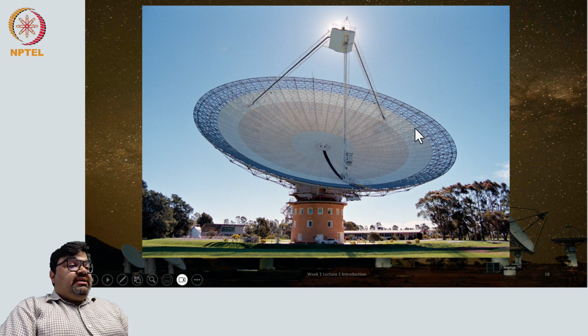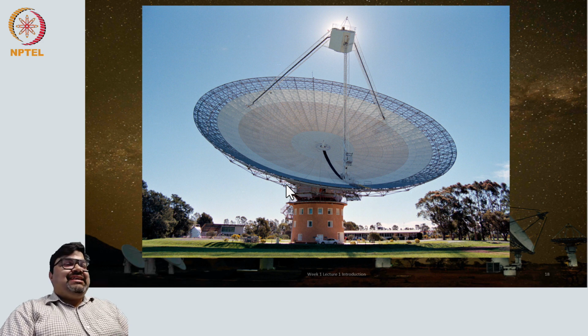Now, curiously, the center of the dish has a little bit denser mesh than the exterior, and that we'll discuss later. But because of the size, the gigantic look, and the state-of-the-art engineering, these dishes can point to any part of the sky with a few arc seconds of accuracy.